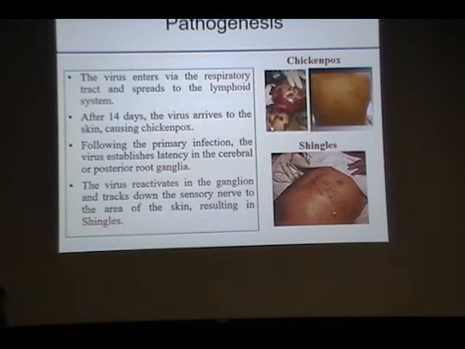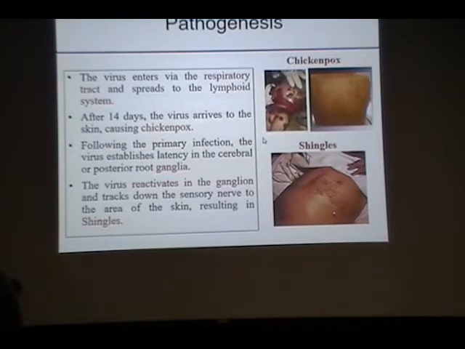Usually, when you get chickenpox, the skin rash is all over your body, it's everywhere. It's kind of skin lesions. And again, this is a self-limiting disease. For children, you may need to get treated, but if you are over 10 years old, even without treatment, the virus will eventually be cleared by your immune system.